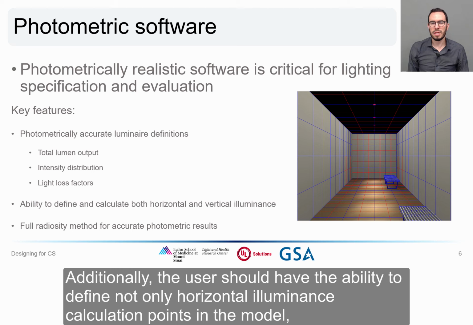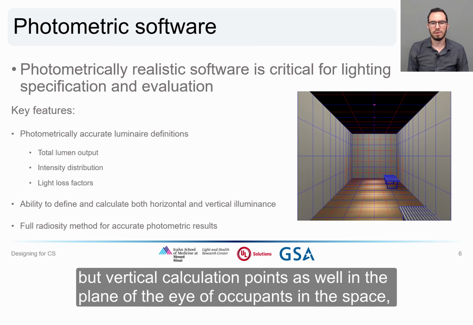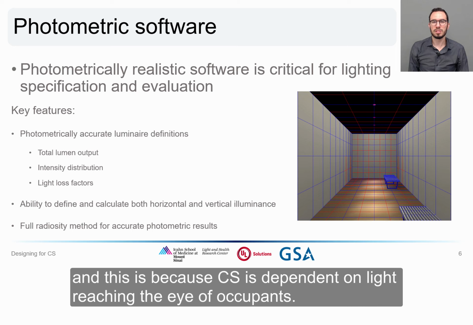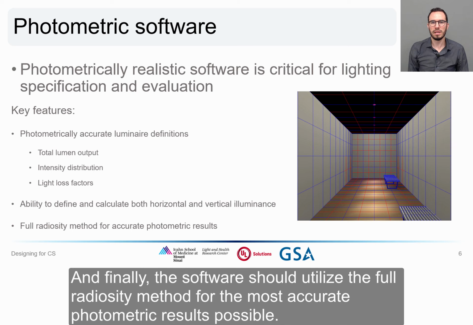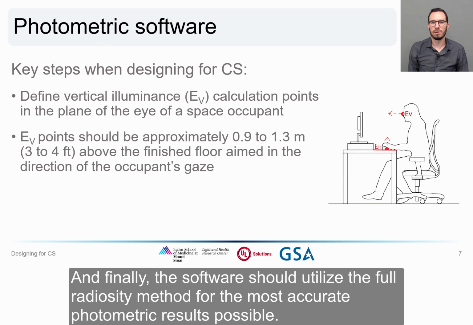Additionally, the user should have the ability to define not only horizontal illuminance calculation points in the model, but vertical calculation points as well in the plane of the eye of occupants in the space. And this is because CS is dependent on light reaching the eye of occupants. And finally, the software should utilize the full radiosity method for the most accurate photometric results possible.